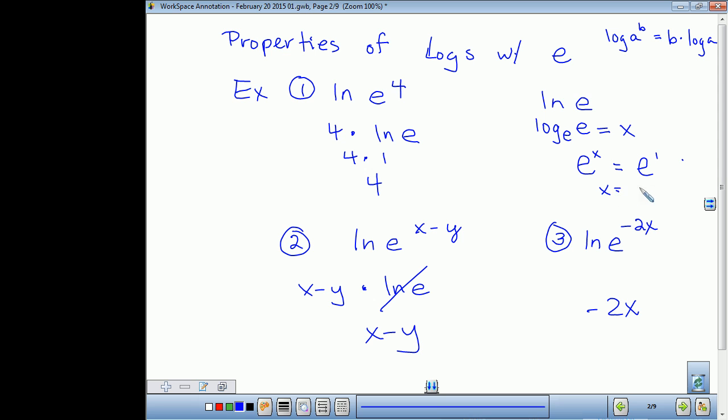So x would have to equal 1. So whenever you see natural log of e, we know it has a value of 1 because it's asking us what power do we raise e to get e. The answer to a logarithm is the exponent, and we raise e to the first power to get e. So ln of e is just 1.